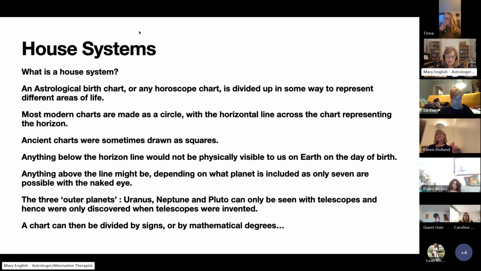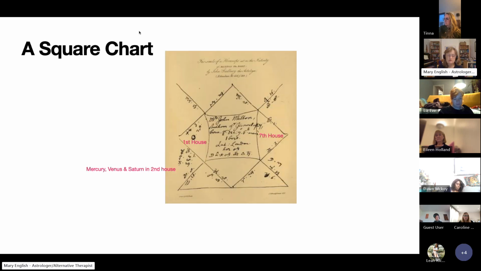Anything below the horizon would not be physically visible to us on Earth on the day of birth. Anything above the line might be, depending on which planets are included. Only 7 are possible with the naked eye. The 3 outer planets, Uranus, Neptune and Pluto, can only be seen with telescopes and hence were only discovered when telescopes were invented. A chart can then be divided by signs or by mathematical degrees.